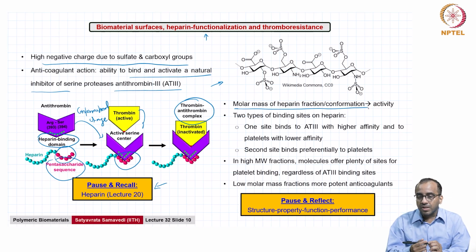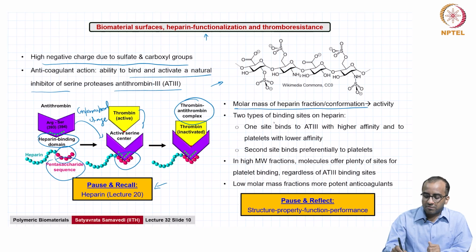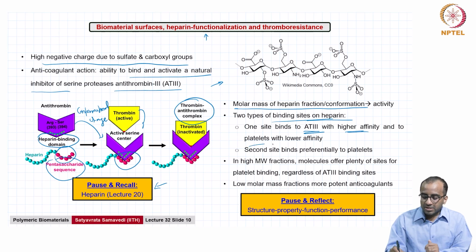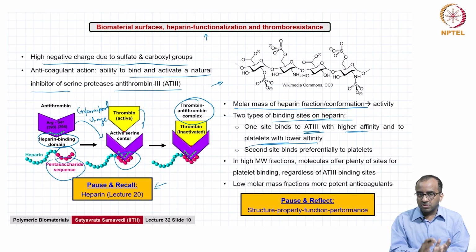Now, one interesting aspect from a structure property function perspective is the role of molar mass of heparin in its activity. It turns out that there are two types of binding sites on heparin. One site binds to antithrombin 3 like we have just seen with higher affinity, and to platelets with lower affinity. So, heparin can also directly bind to platelets, and the second site binds preferentially to platelets, right. So, you note that probabilistically speaking, there are more sites that can bind to platelets, and that is typically what happens in high molecular weight fractions.